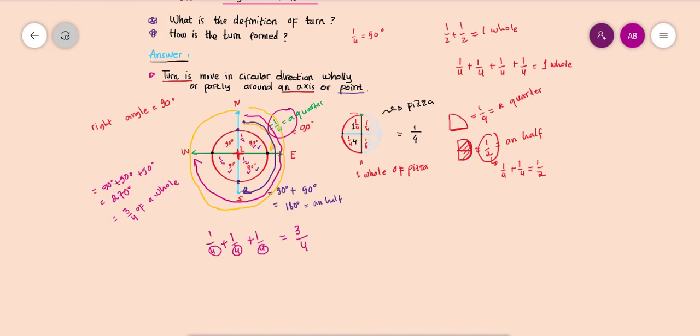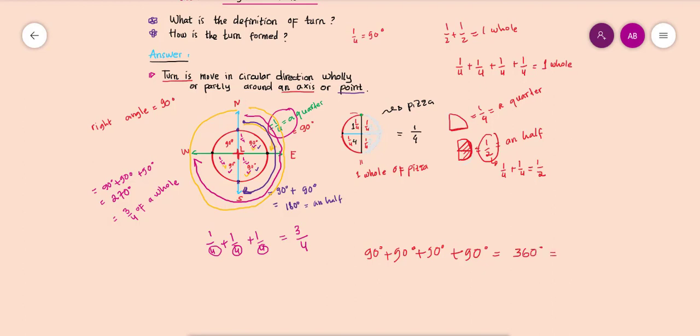So how many 90 degrees will we go? Okay, it is 4, right? One 90 degrees, two 90 degrees, three 90 degrees, and four 90 degrees. So that means 90 degrees added to 90 degrees added to 90 degrees added to 90 degrees is equal to 360 degrees.